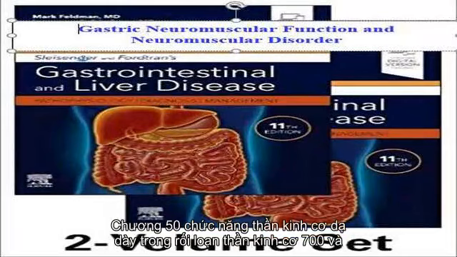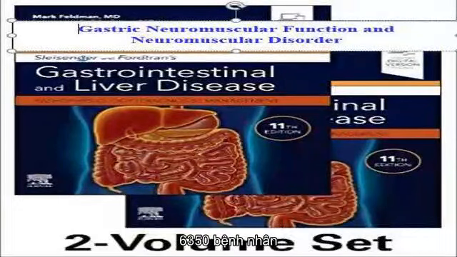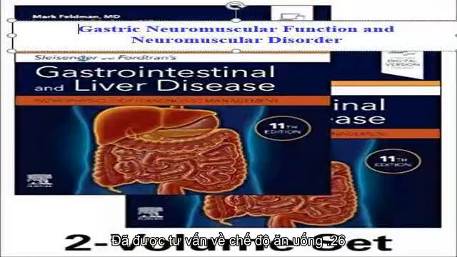Chapter 50. Gastric neuromuscular function and neuromuscular disorders. Only 50 patients with gastroparesis have had a dietary consultation. In patients with nausea and vomiting and gastroparesis, liquid and solid foods that are easy for the stomach to mix and empty are prescribed.